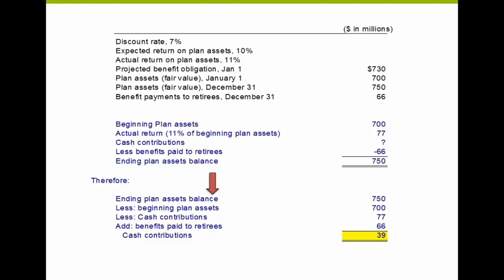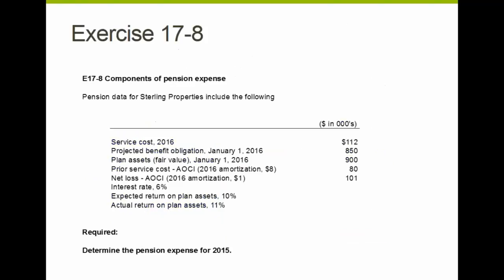The cash contributions is also going to increase the plan assets, but that's the number that we don't know. And then any benefits paid to the retirees is decreasing our plan assets. And then we have the number there of the plan assets as of December 31st of $750,000. So we rearrange the numbers, and what we find out is that the cash contribution is $39,000.